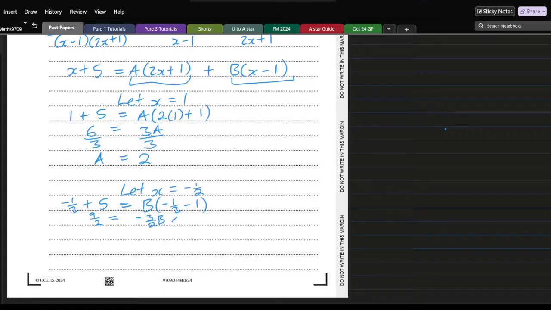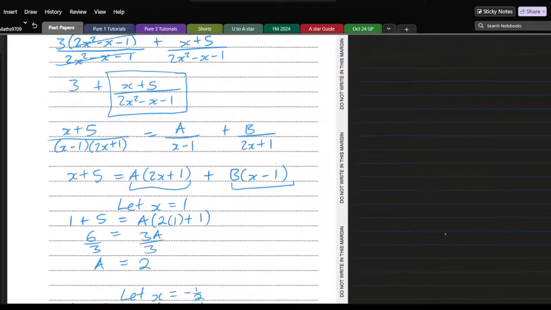So let's multiply both sides by negative 2 over 3 to make B the subject of the formula. So that means that should be a negative 2 over 3. So that means here our B would be equal to negative 3. Alright, so we have decomposed that into partial fractions.